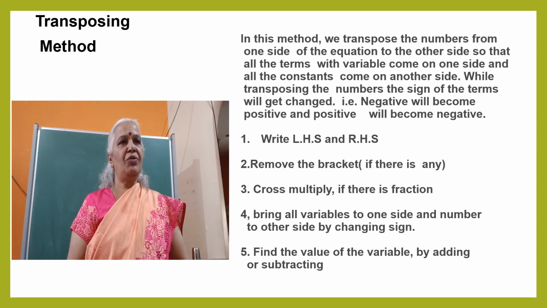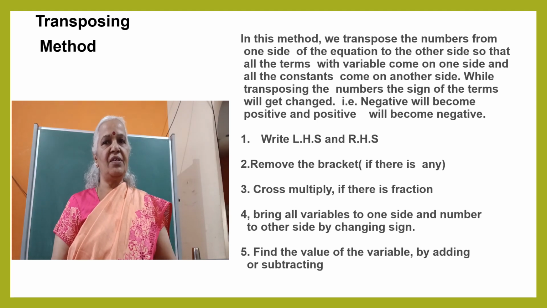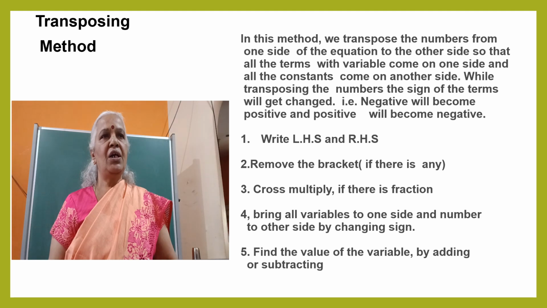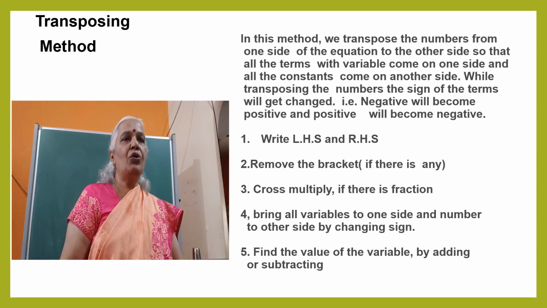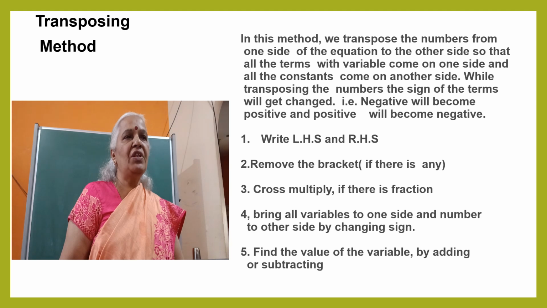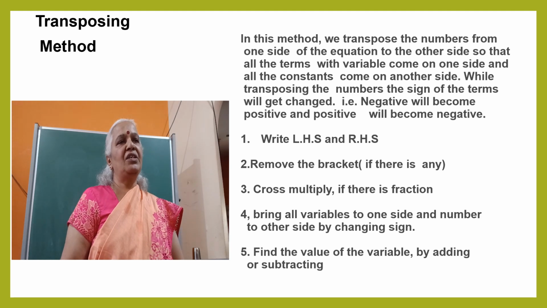In this method, we transpose the numbers from one side of the equation to the other side so that all the terms with the variable come on one side and all the constants come on the other side. While transposing, the sign of the terms will get changed. That is, negative will become positive and positive will become negative.